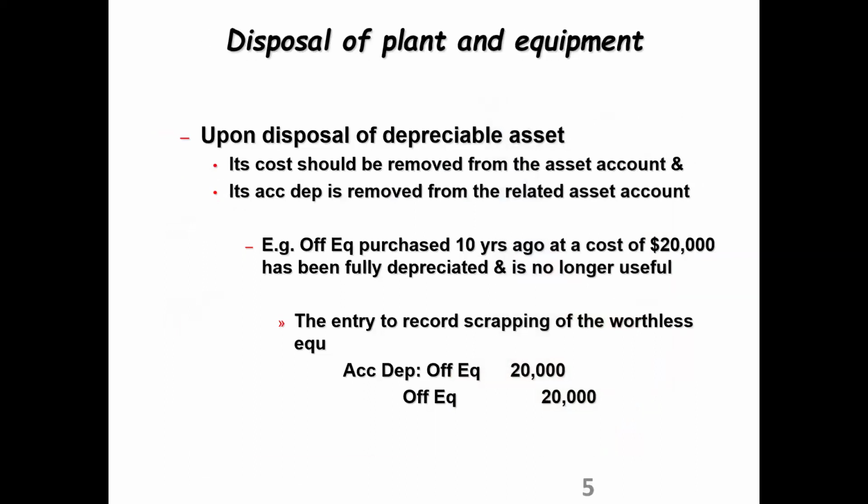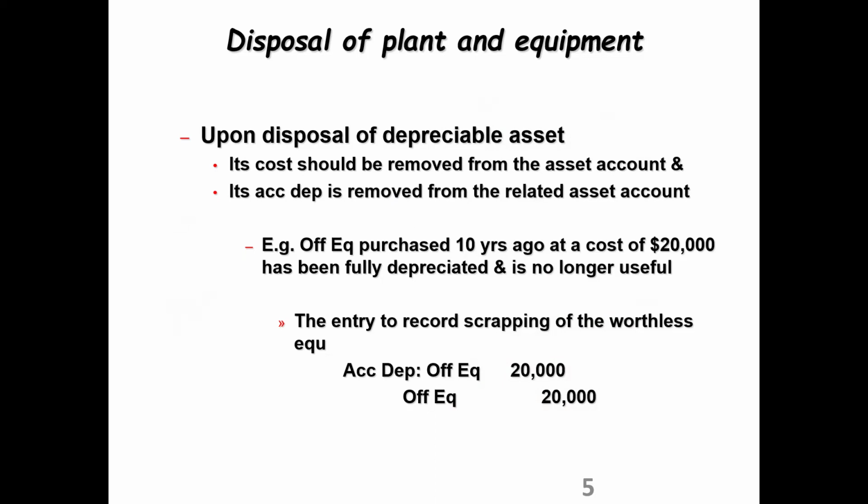Upon disposal of a depreciable asset, the cost should be removed from the asset account and accumulated depreciation should be removed from the related account. For example, equipment purchased 10 years ago at a cost of 20,000 has been fully depreciated, meaning its accumulated depreciation is now 20,000 and the book value is zero.